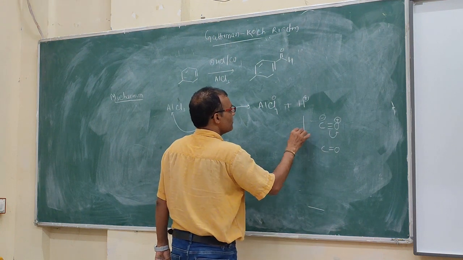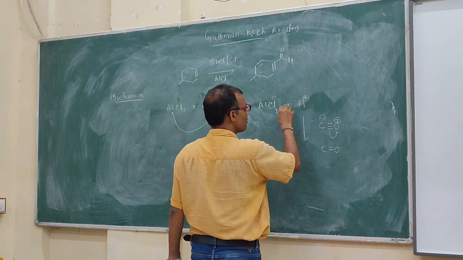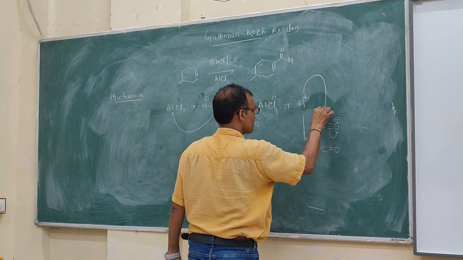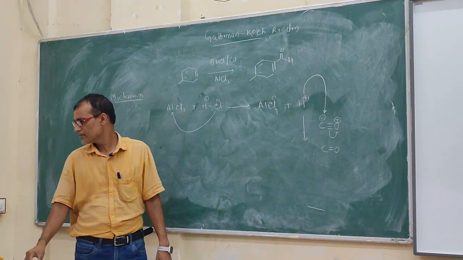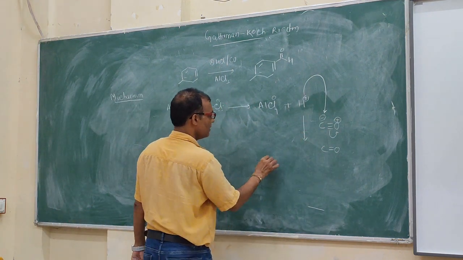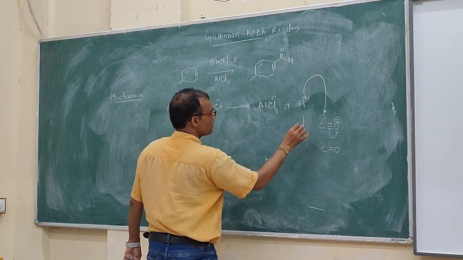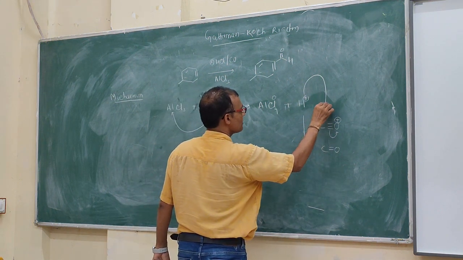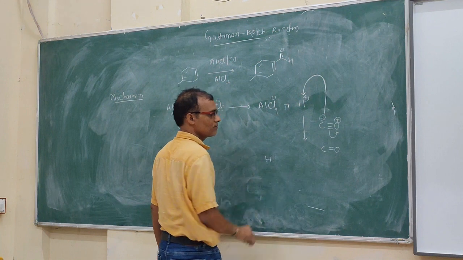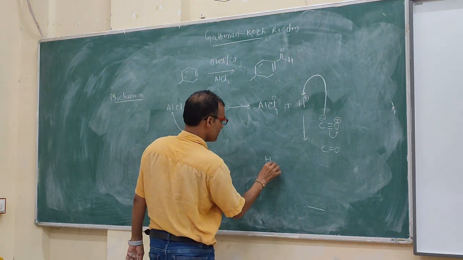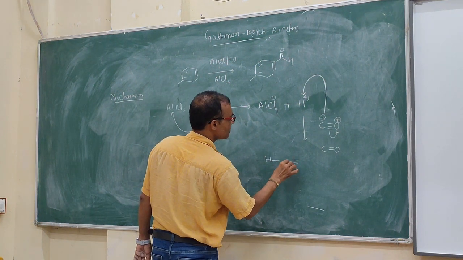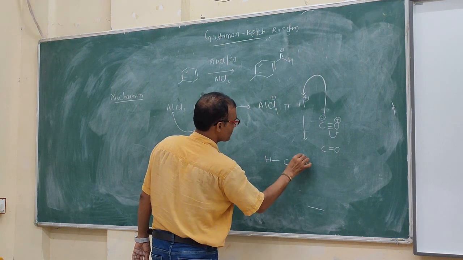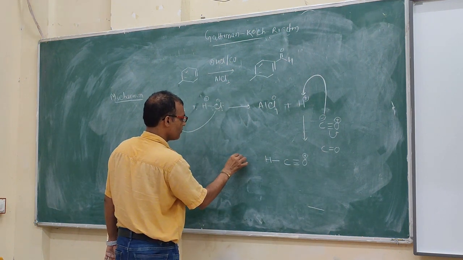So what will happen now? This proton will go where? Here. So finally, reverse way, sorry, my arrow is wrong. We start from here, this C minus will take this proton. H, C double bond, triple bond, O plus. So this one you can write, no problem.